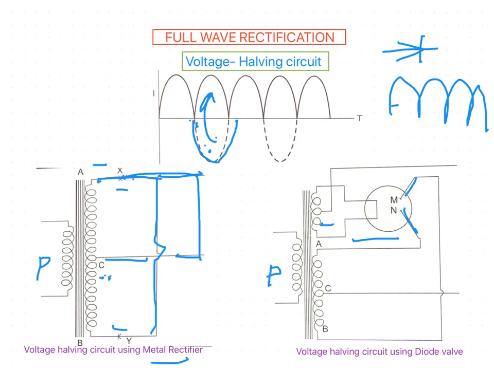When A is negative and B is positive, the current cannot flow round the circuit from A as it is unable to cross the valve in this direction. So if you can see, this A is connected to the positive plate N here.